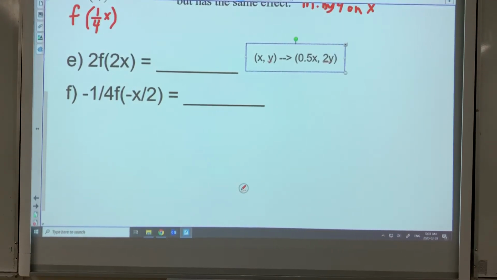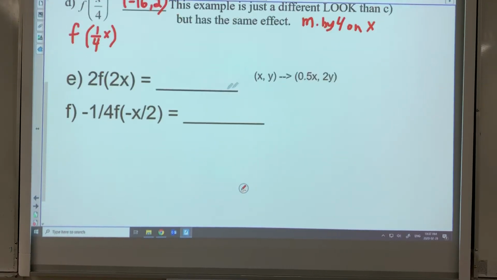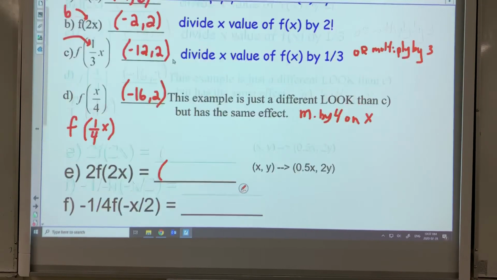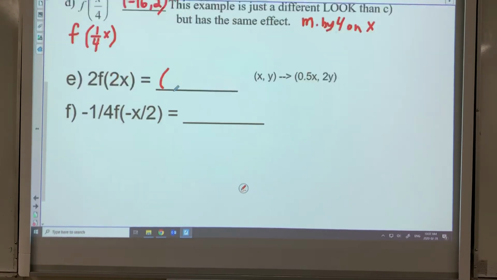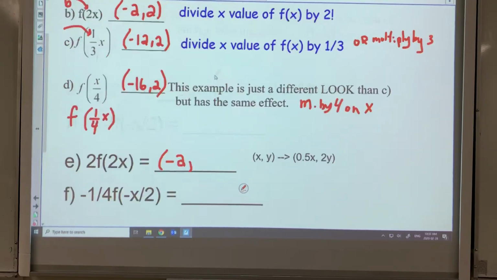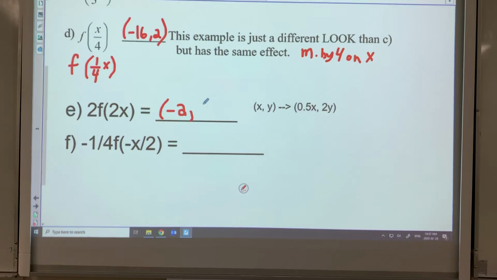Yeah, multiply it by 2. So our point, -4, 2, is going to become -2, 4, because I multiplied the x value by 1/2, and then 2 times 2 is 4. So that's the new point.